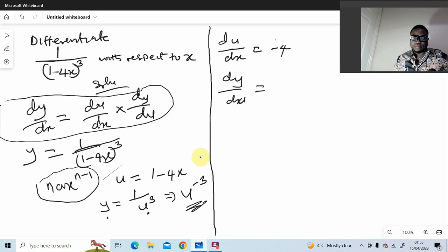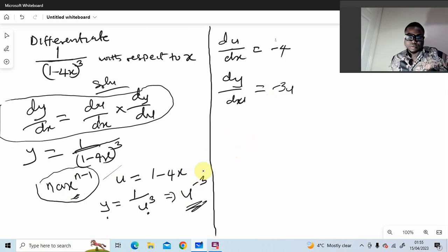Differentiating this using the formula, I will say minus 3 times u, then minus 3 minus 1. Remember that minus 3 is now the exponent of u.